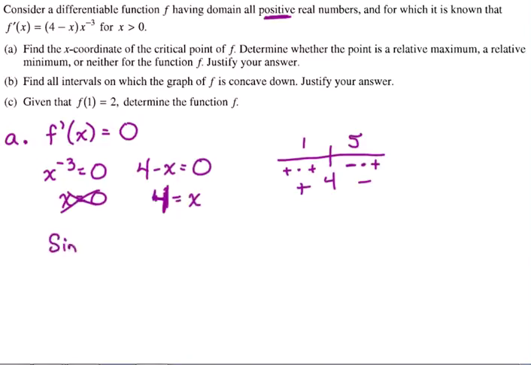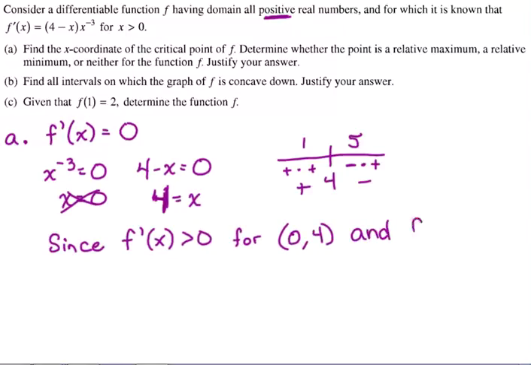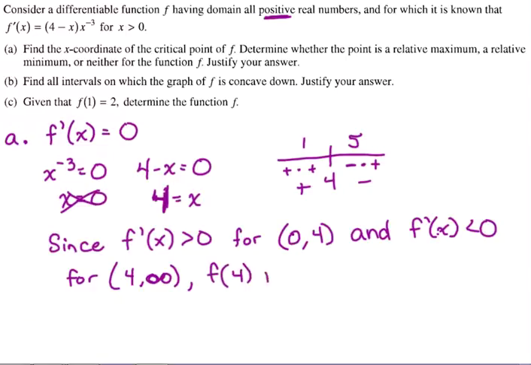So we can say in words, or symbolically, since f prime of x is greater than 0 for 0 to 4, and f prime of x is less than 0, aka negative, for 4 to infinity, f of 4, the critical point, is a relative, what would that be?